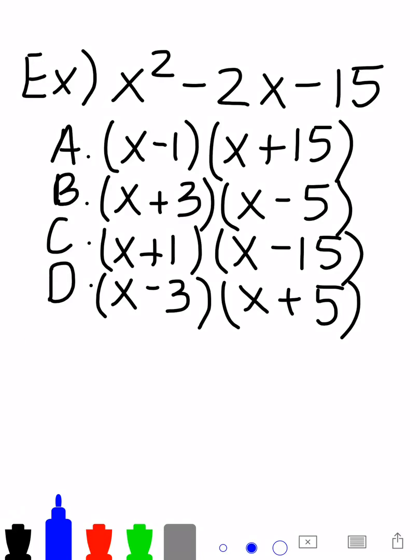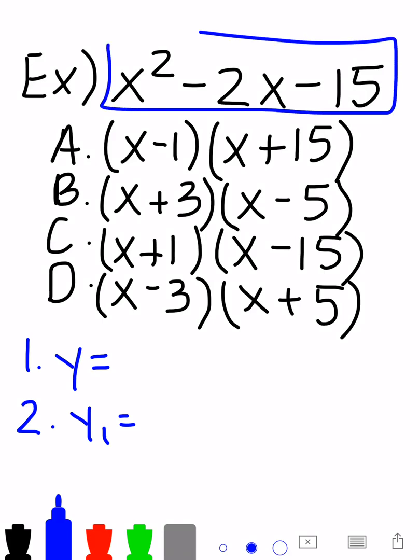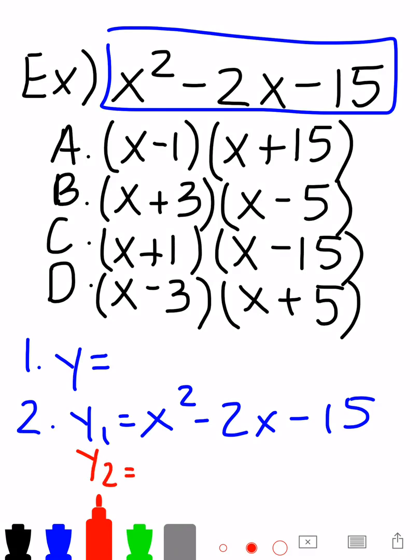The first thing you want to press on the calculator is y equals. And the second thing you want to do is in y1, you want to put your original problem. In this case, that will be x squared minus 2x minus 15. And in y2, you want to just start with your first answer choice that you see.